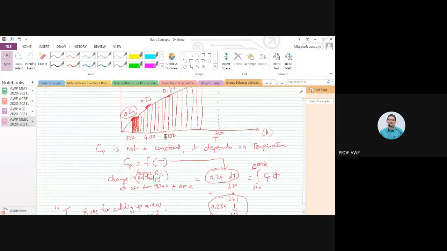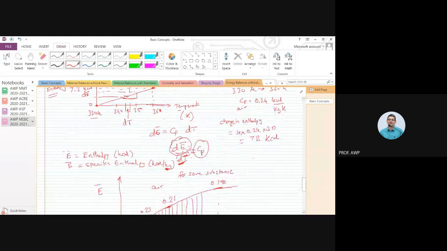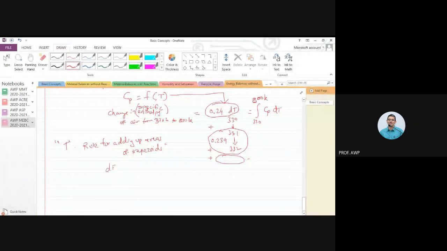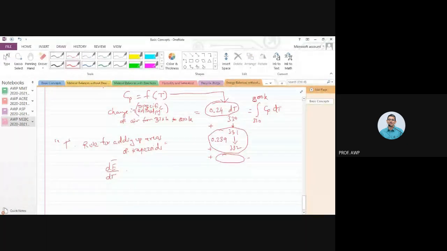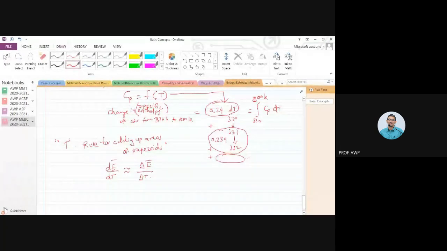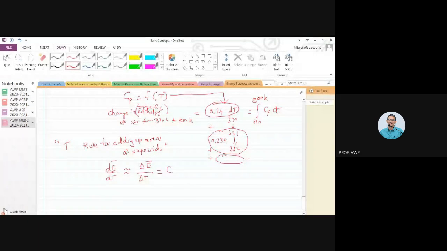All we have said is dE bar is Cp dT, and rather than saying dE bar by dT, we have approximated this by trapezoids: delta E bar by delta T is equal to Cp.